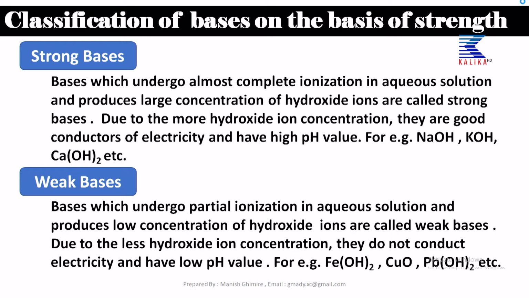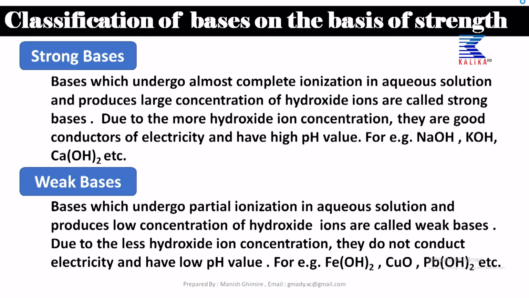I think you can figure out yourself what kind of bases are strong and what kind are weak. Those bases which undergo almost complete ionization in aqueous solution and produce a large concentration of hydroxide ions are called strong bases. Since they undergo ionization in a nearly complete manner, they produce a large concentration of hydroxide ions, and that makes them very good conductors of electricity.